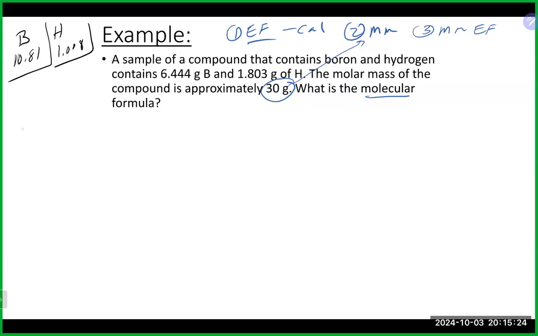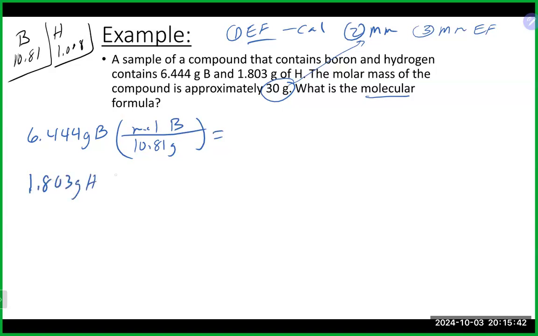So we're going to take our grams and convert them into moles. We use our molar mass here, 10.81 grams per mole of boron, and we have 1.803 grams of hydrogen, using the molar mass of hydrogen, 1.008 grams per mole.